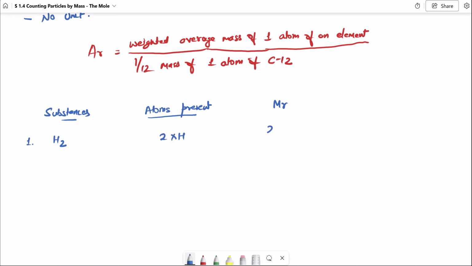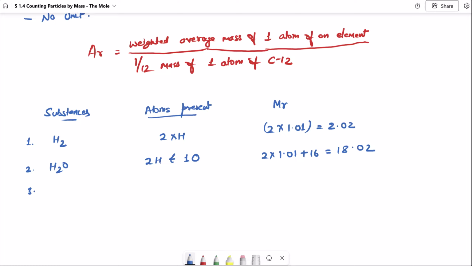So mass will be 2 into, we know the mass of hydrogen 1.01. You can check this with the data booklet and the answer will be 2.02. If I am going to take water, H2O, so there is 2 hydrogen and 1 oxygen. So this will be 2 into 1.01 plus 16, and you will get 18.02.